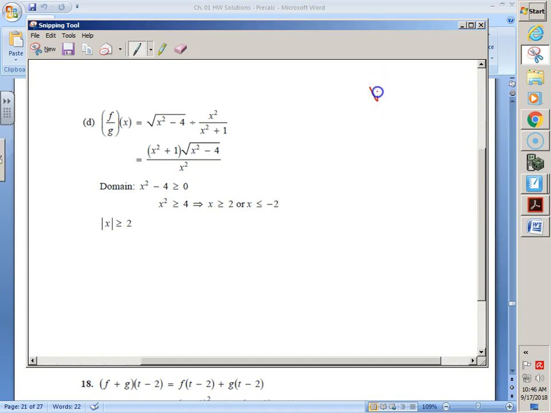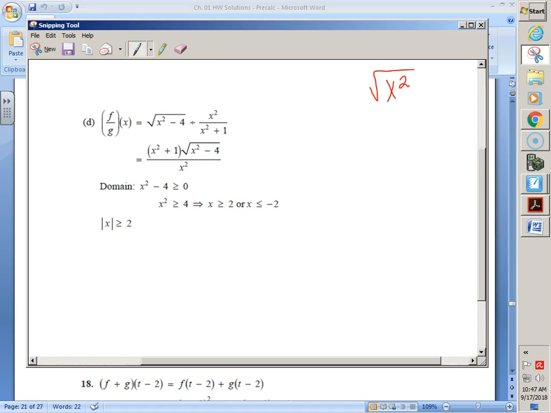Question for you. What's the square root of x squared? Why? Here's the weird thing. This is always a positive number, right? So it's actually not plus or minus.